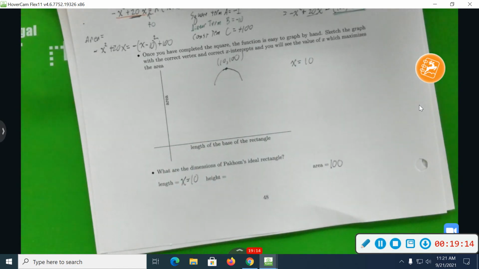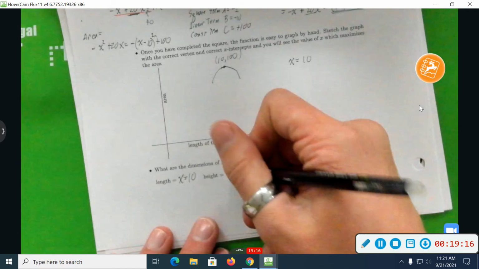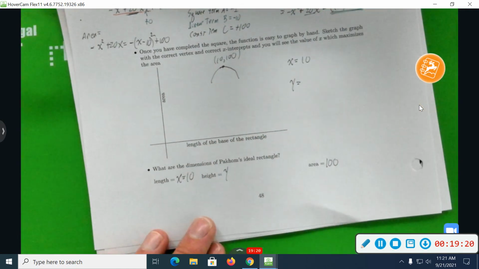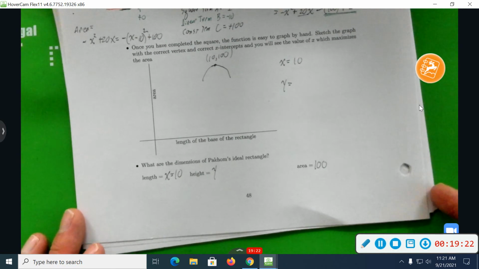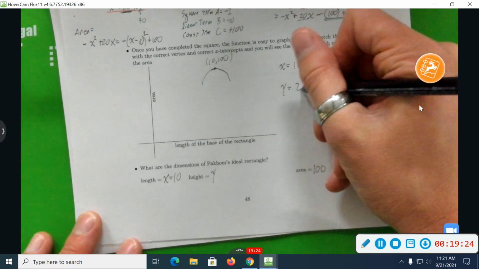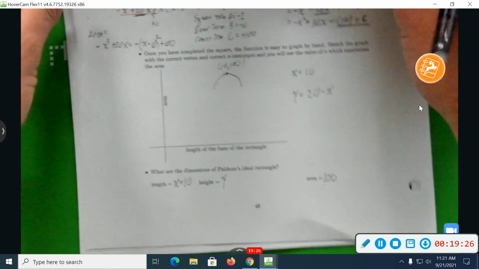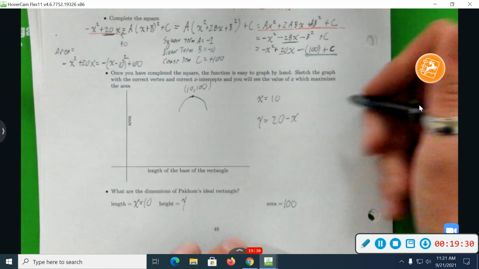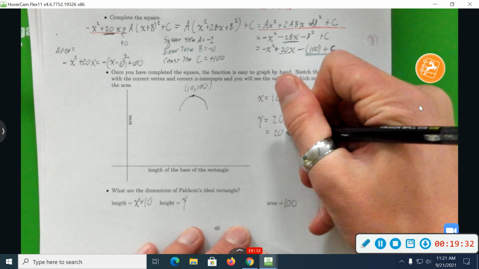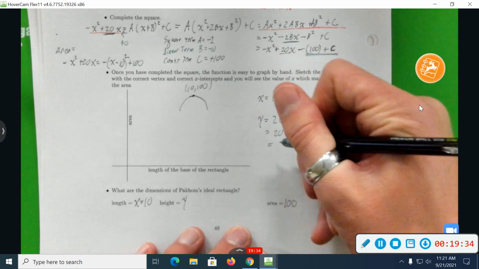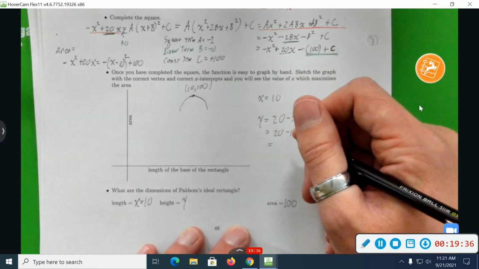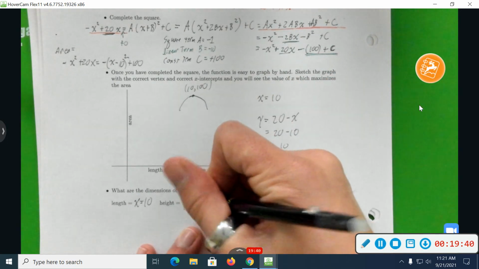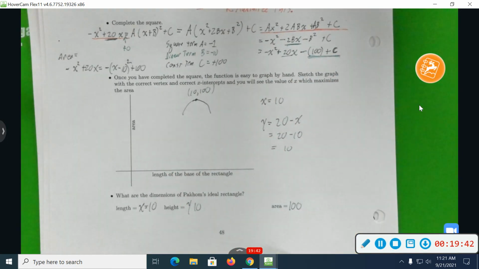There's another parameter of the rectangle that was given by y, right? Did we work out how to get y in terms of x? Yeah. We got this. So the ideal height, or maybe it's width and length, is also 10. What do you think? Should we include some units in this answer?